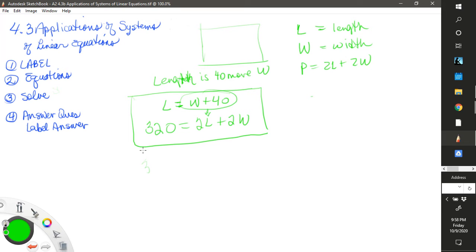So 320 is going to equal 2 times L, and L is W plus 40, plus 2W, and then there we go, 320.